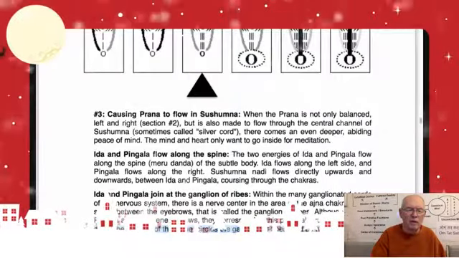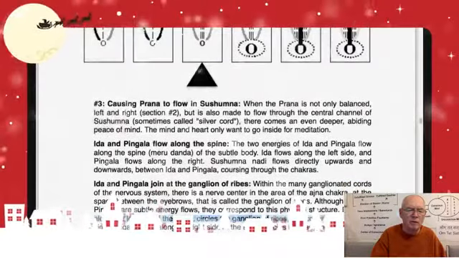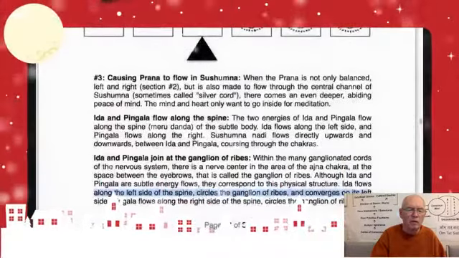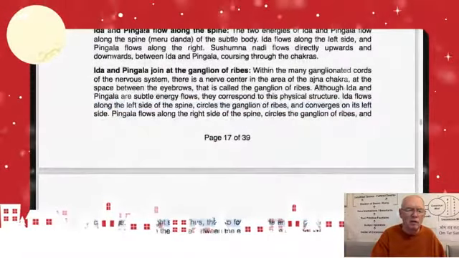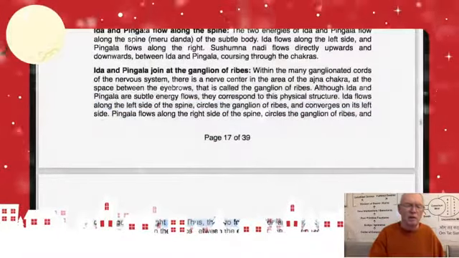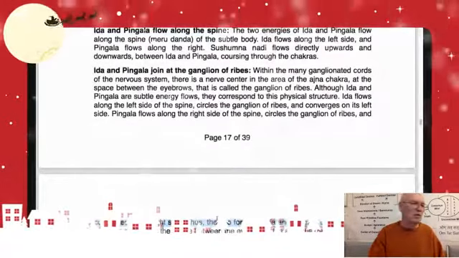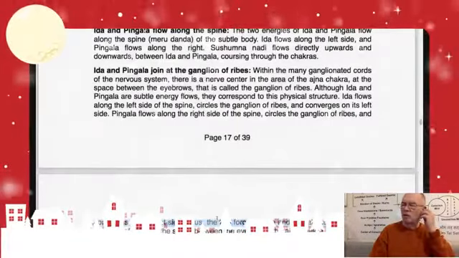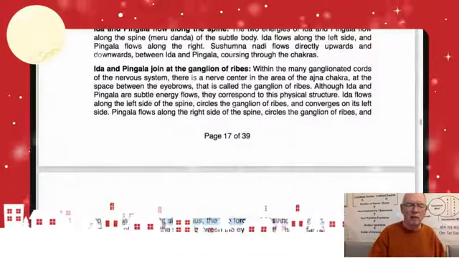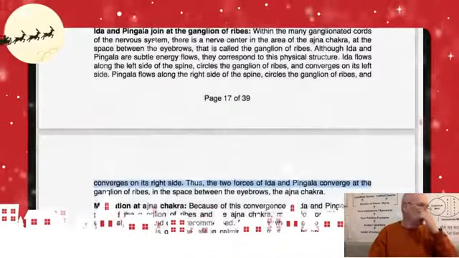Pingala flows along the right side of the spine, circles the ganglion of Ribes, and converges on the right. Thus the two forces converge at the ganglion of Ribes in the space between the eyebrows. So this is one of the energetic reasons that meditation on Ajna Chakra is such a profound place. Gateway to the city of life.